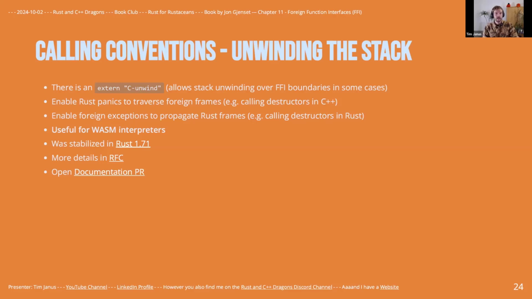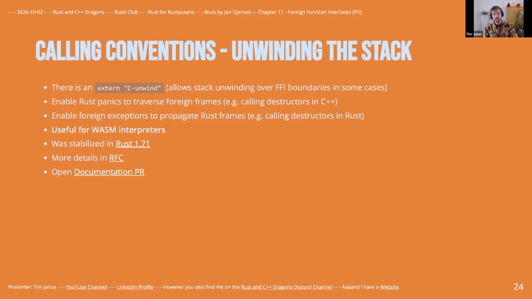And now you can really define, okay, we allow this unwinding over FFI boundaries just to do this cleanup in a correct way. This is very useful for WASM interpreters.